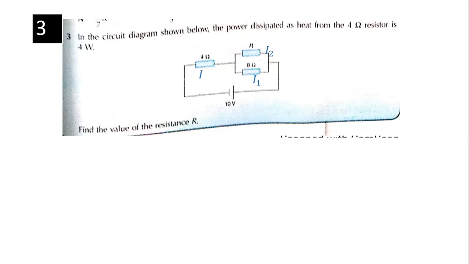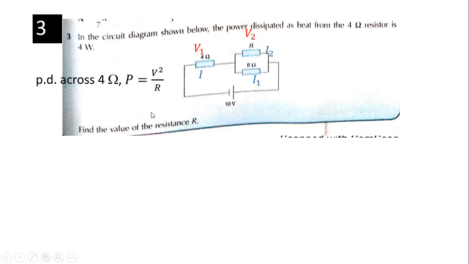Well, first, you are told that 4 ohm and the power dissipated is 4. Then calculate the current here and the potential there. If you know the potential here, you can calculate the potential here. So first part, use this formula for the 4 ohm. Calculate your V1.